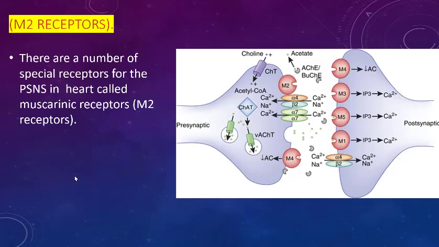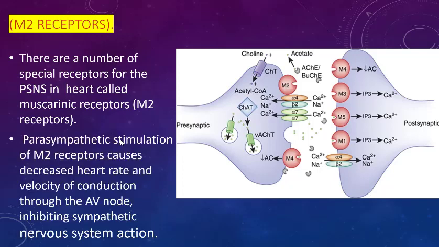There are a number of special receptors for the parasympathetic nervous system in the heart called muscarinic receptors, which are of many types. The M2 receptor is present in the heart.